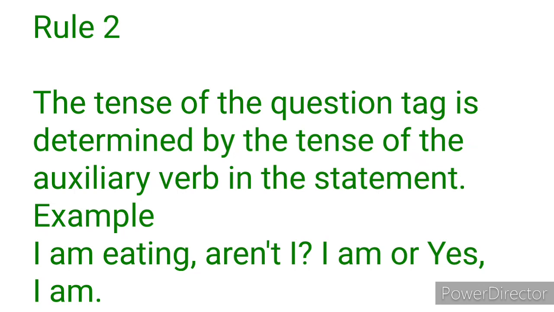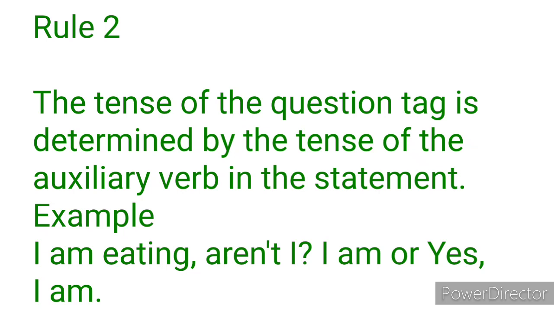So I cannot say "I am eating, wasn't I?" That is wrong, because the auxiliary verb am in the statement "I am eating" is in the present tense. The auxiliary verb in the question tag has to also be in the present tense and not in the past tense.